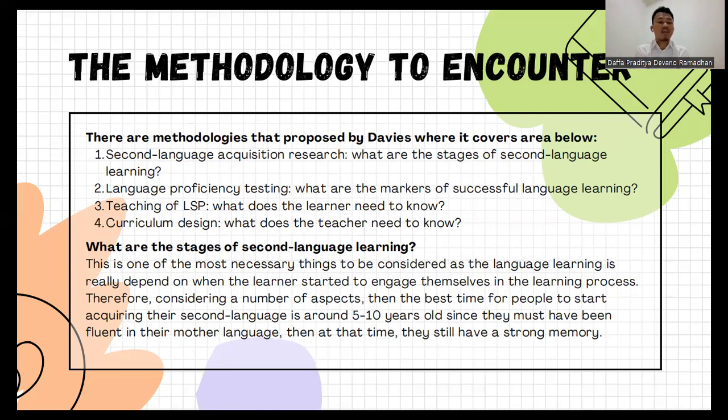Because they must already be fluent in their first language. At that time they also still have a strong memory, and their core memory is still half empty, so we could start to insert, embracing the knowledge, or acquiring the second language themselves. So when they're grown up, they would be able to speak one, two, or even more languages within their head.